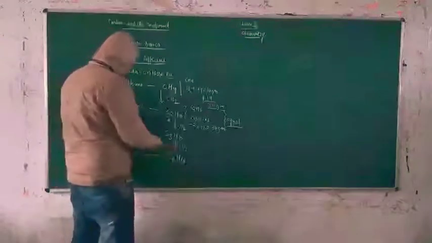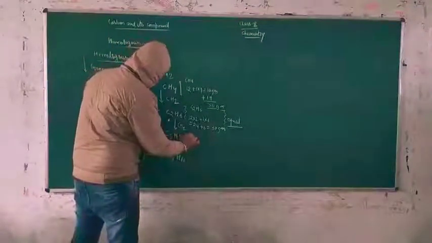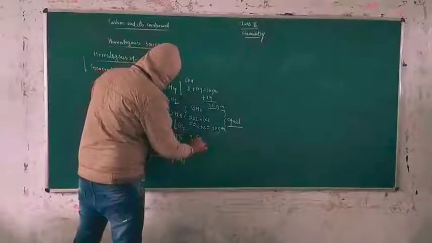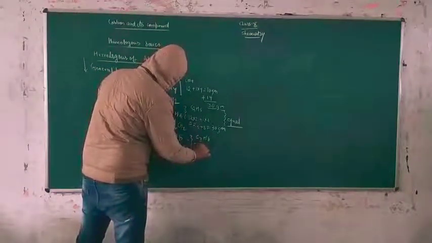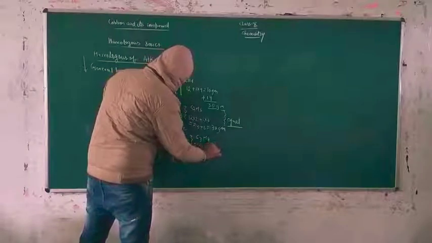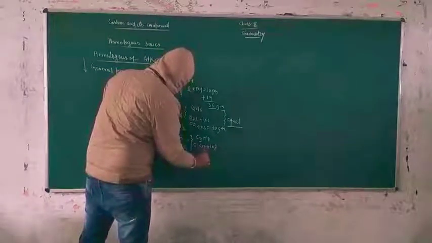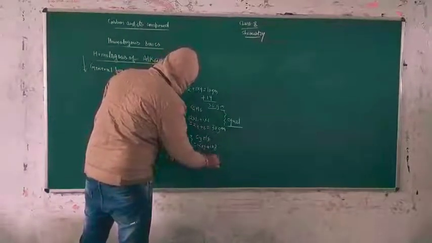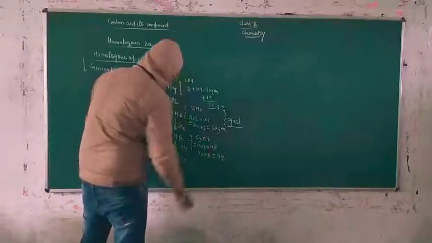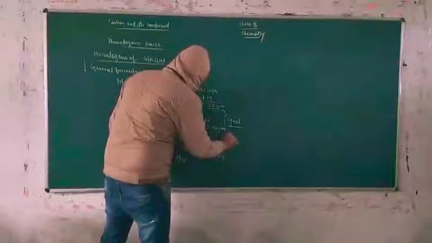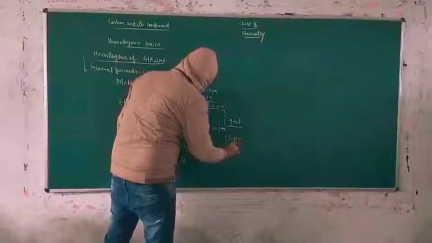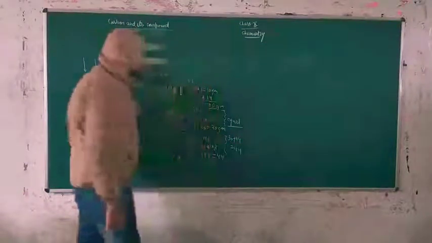In terms of propane again, this is C3H8. That means 12 into 3 plus 1 into 8, 36 plus 8 is equal to 44. Again for this scenario you can add 30 plus 14 is equal to 44.